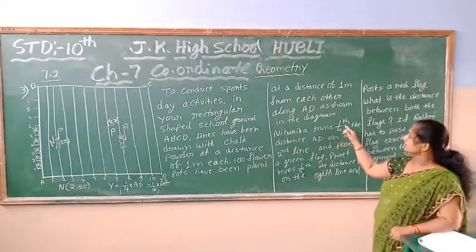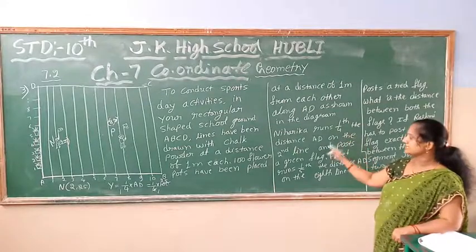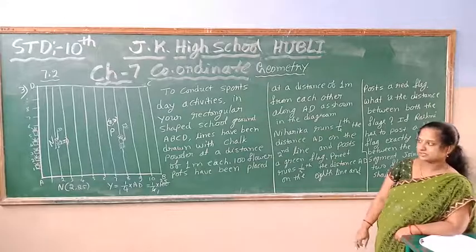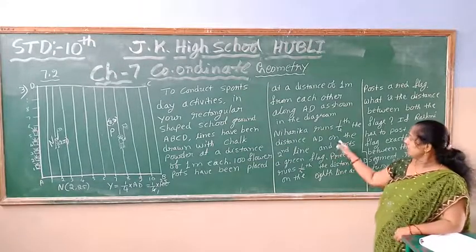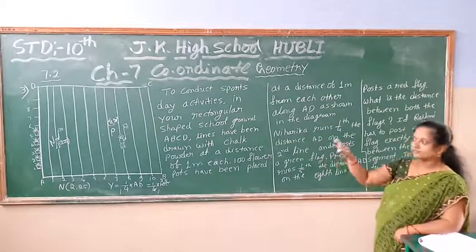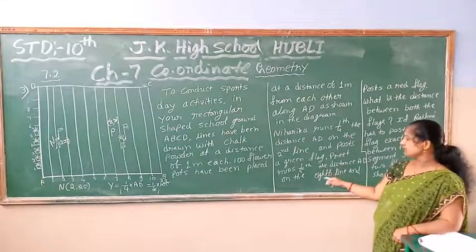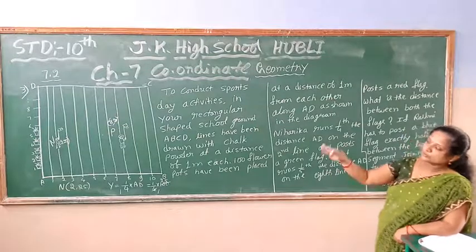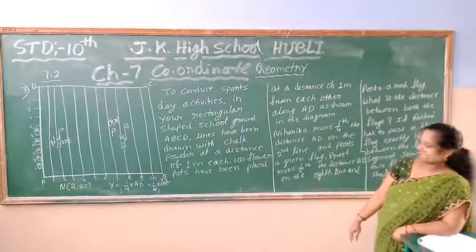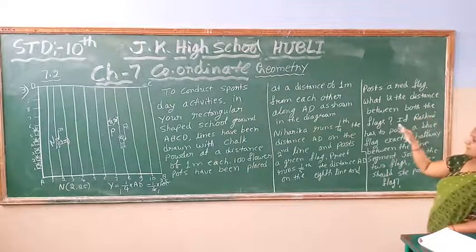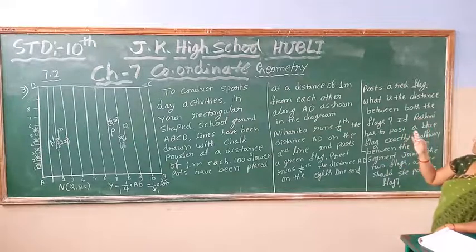Niharika runs 1/4 the distance of AD on the second line, so Niharika's coordinate becomes (2, 25), and she posts a green flag. Preet runs 1/5 the distance of AD on the 8th line, so Preet's coordinates become (8, 20). Then she posts a red flag. What is the distance between both the flags?